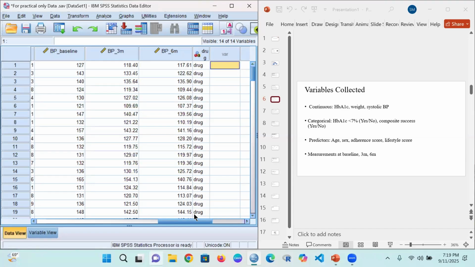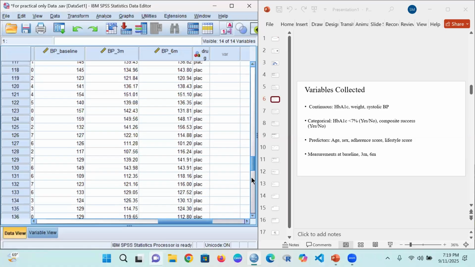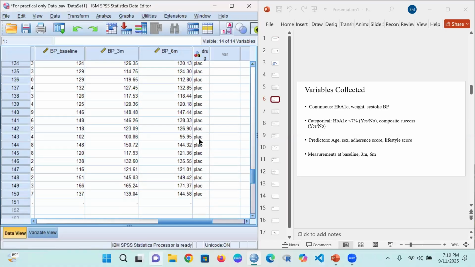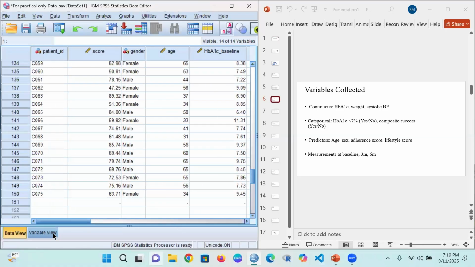All that has been recorded in our data, as you can see. Then our control, that is the drug and the placebo. I have used abbreviations because my SPSS did not allow me to write the whole word here.